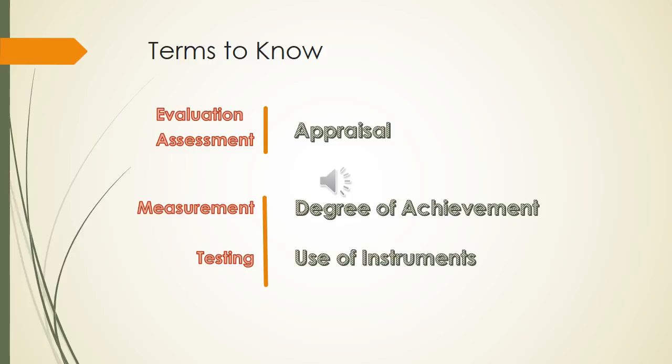But here we're looking at assigning a number to something, a number that describes its evaluation. So obviously testing refers to the instruments that we're going to use to collect data about the progress. Measurement, of course, is just assigning a number to this growth and then making a determination or making some conclusions based on that number.